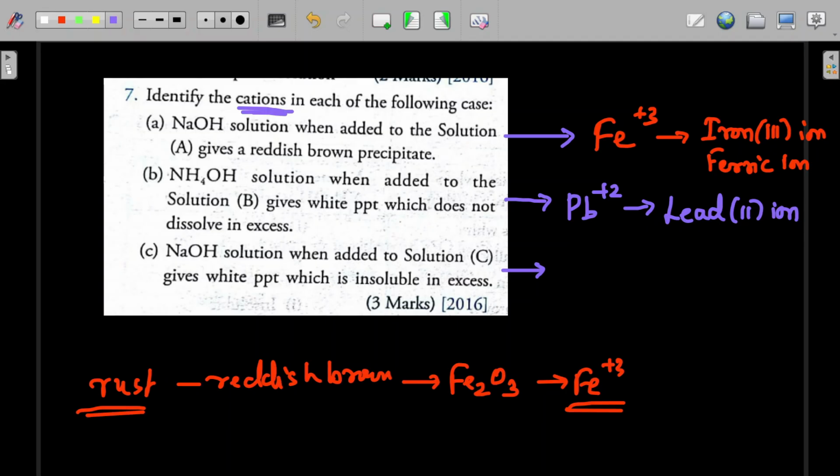Sir, I never studied it. Okay, leave Mg. Calcium ion. Okay. If Mg is given, maybe it is extra information in your book. Otherwise, if your teacher told you to learn that also, then okay. Otherwise, I think it is not there.